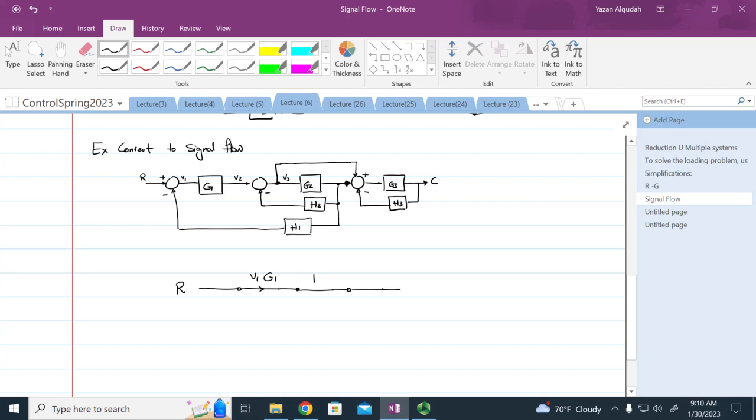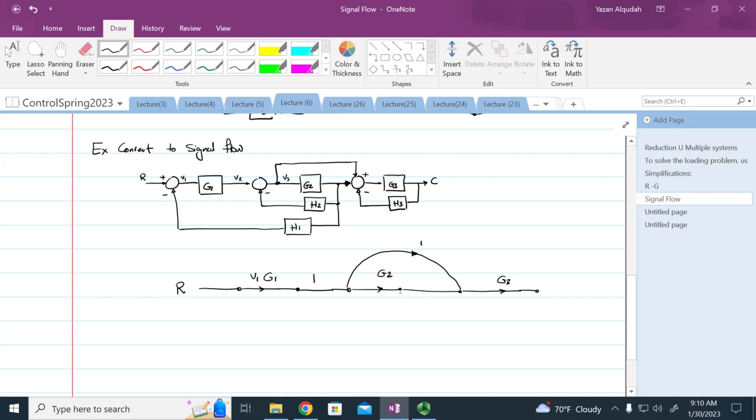Then we're going to have G2. This is G3. And we have a signal that is going to the input here, is a 1.